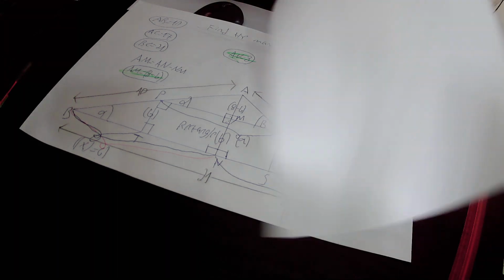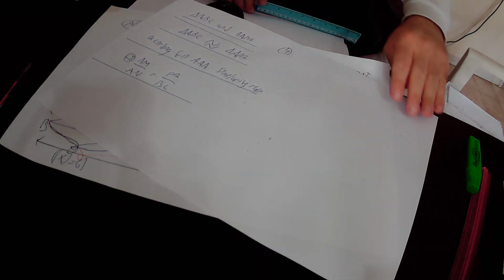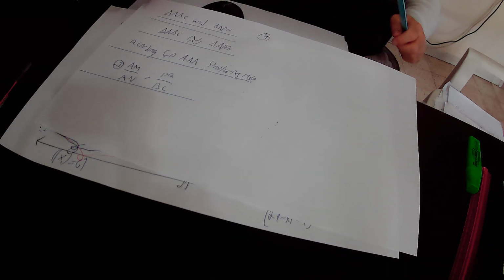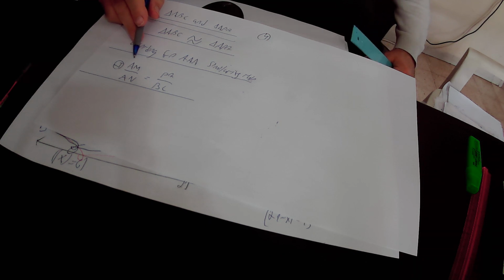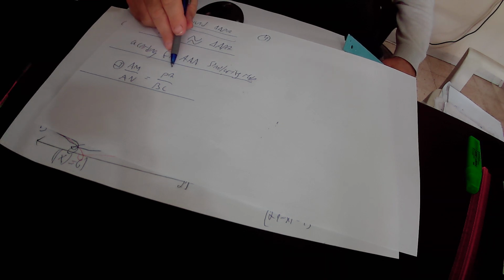So this is equation 1, that the ratio between the heights of the two similar triangles must be equal to the ratio between their sides.